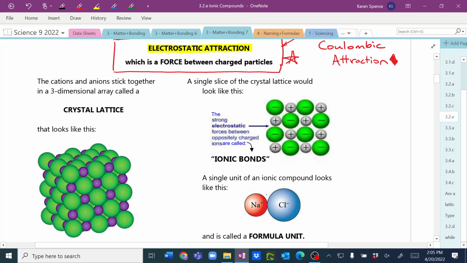What do we call the force, the electrostatic force in between the ions? What is that called? What do we call that force?